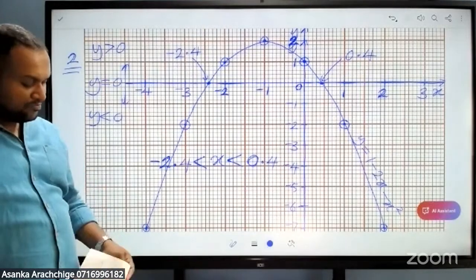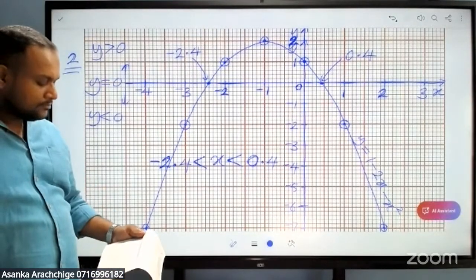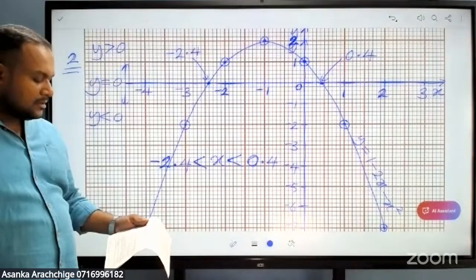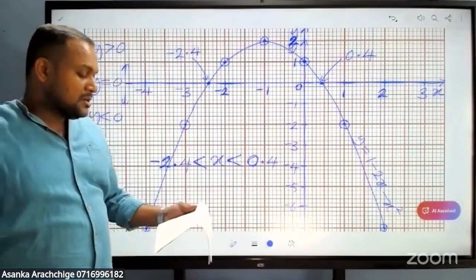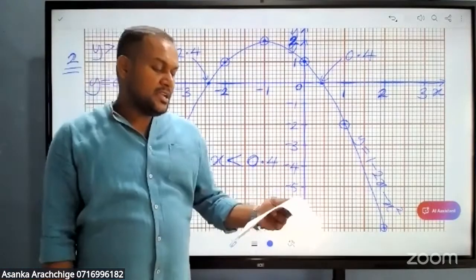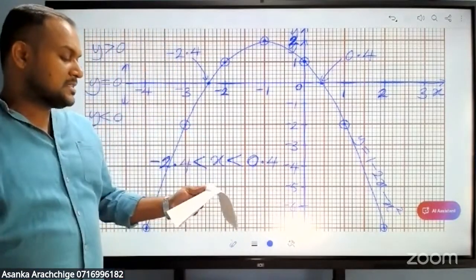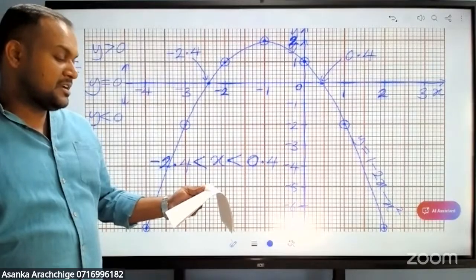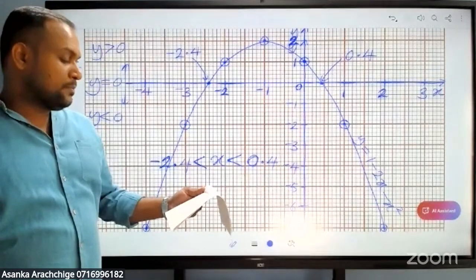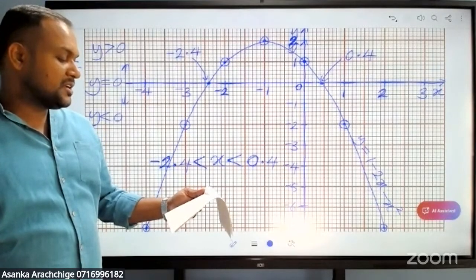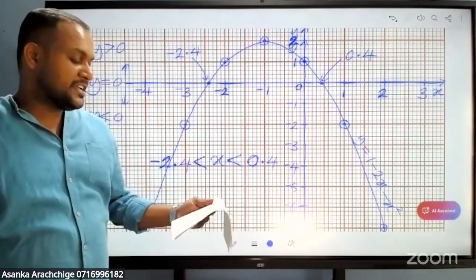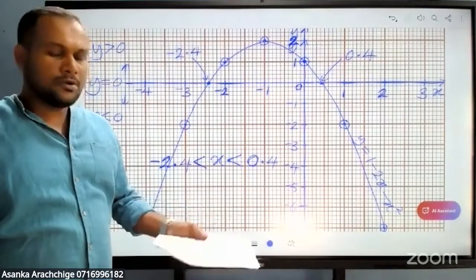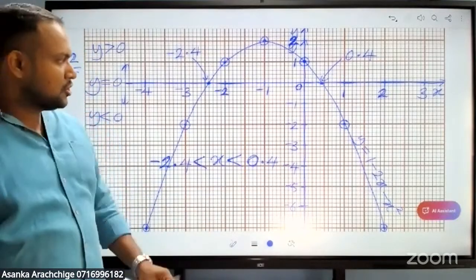Then, write down the above function in the form y equals a minus (x plus b) squared, and show that the positive root of the equation a minus (x plus b) squared equals 0 is square root of 2 minus 1.